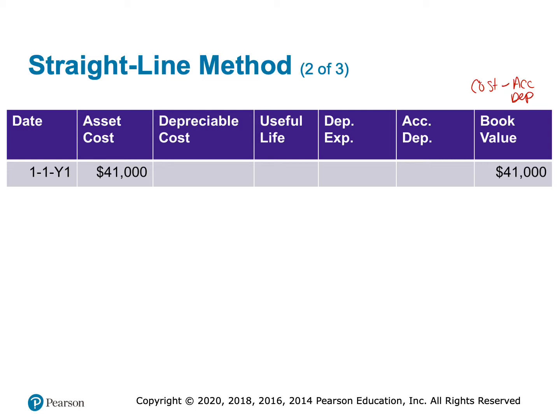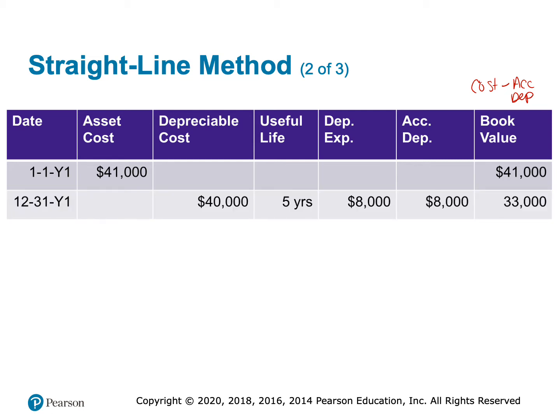So when we first buy the asset, we record it at $41,000. I debited truck, I credited cash or notes payable, however I paid for it, for $41,000. So it's on my books at $41,000. I have not recorded any depreciation yet. So here I get to the end of year 1, to December 31 of year 1. I already know that I'm going to record $8,000 of depreciation expense. I'm going to debit depreciation expense for $8,000. I'm going to credit accumulated depreciation for $8,000.